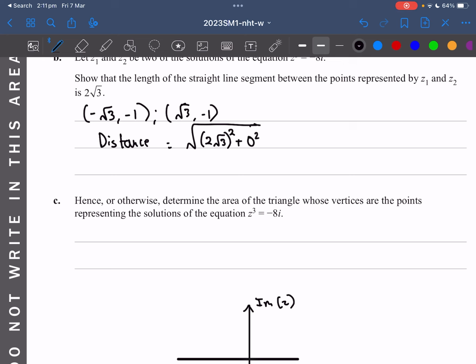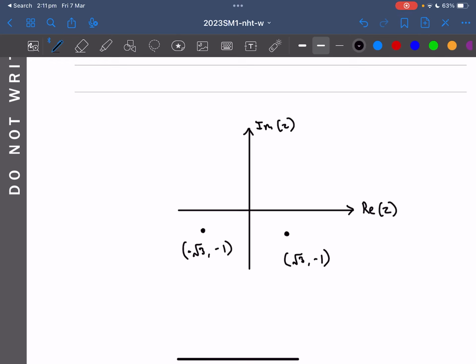Now at a bigger picture, this is basically an equilateral triangle. If I were to plot all of these points and then 2i, that would be somewhere here. As you can see, my drawing is not perfect or to scale, but this forms an equilateral triangle, so all of the sides will be equal.